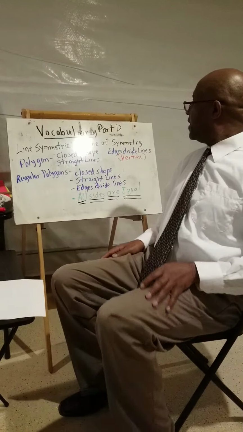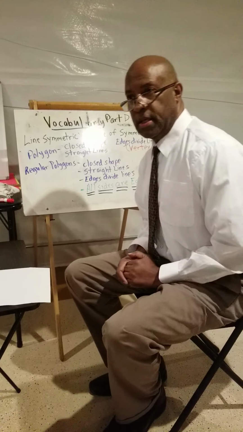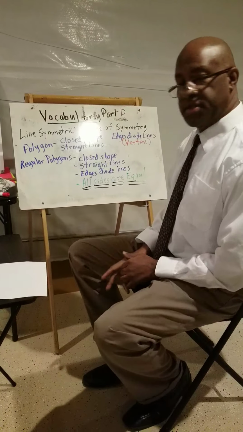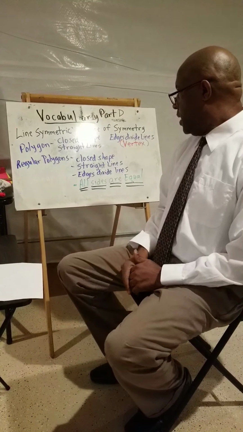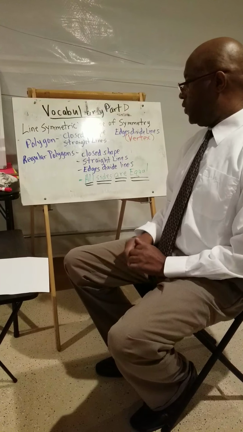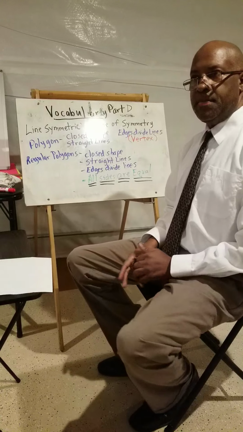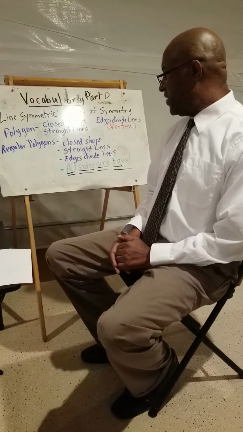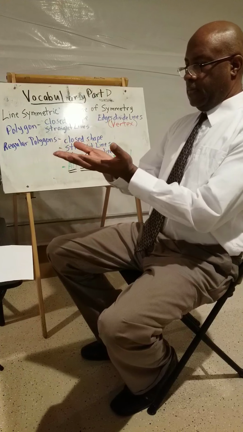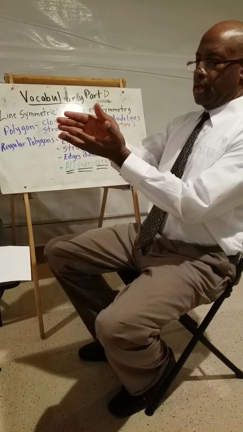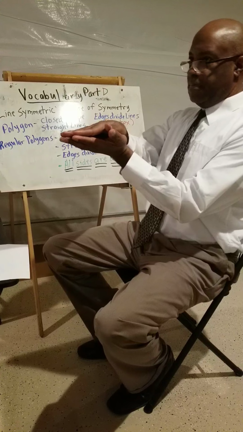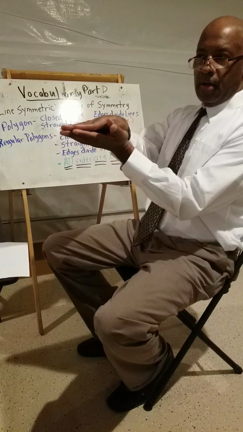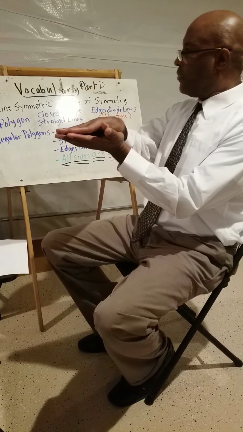So we are at the final part of our lesson for today, dealing with part D. Just as a review, our lesson was about line symmetric and line of symmetry. Line symmetric is when you fold an object, and when you fold it, both sides are exactly alike when you put them on top of one another.